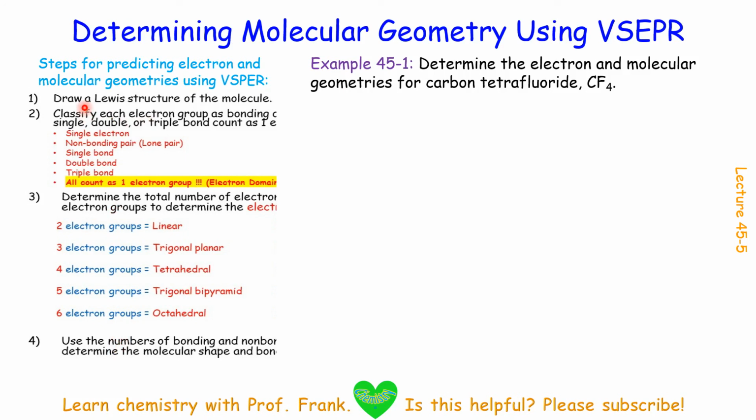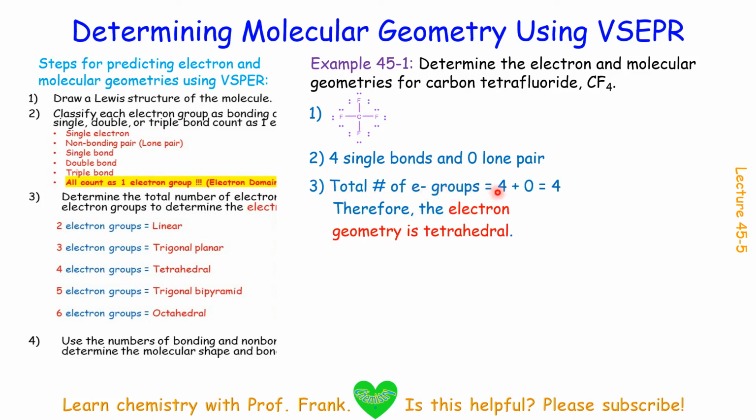Number one, we draw a Lewis structure of the molecule, and then classify the number of electron groups for the central atom. There are 4 bonding electron groups, or 4 single bonds, and there are no lone pairs on carbon. The total number of electron groups is 4.